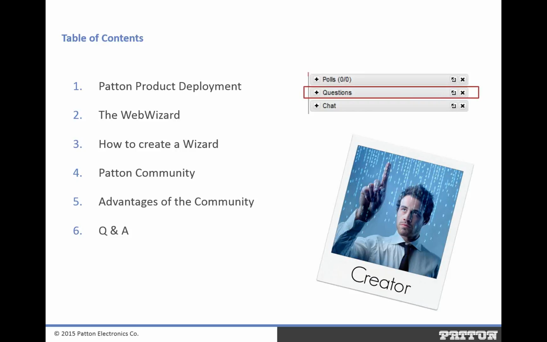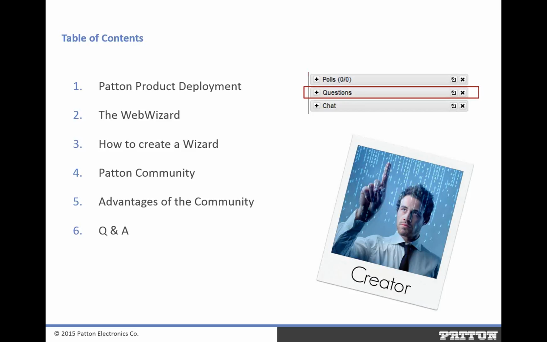Starting from item number 1, I want to run through quickly the Patton product deployment. Just to give you a quick refresher and update, showing you the methods you have in deploying Patton products. Then I want to start directly into the main topic of today, the WebWizard, what it is doing, and how WebWizards can be created.